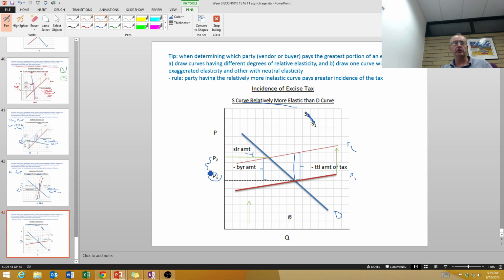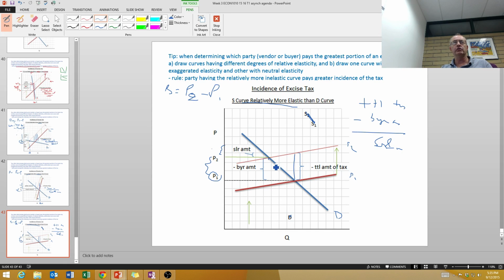Buyer pays this portion, because here's the difference: the buyer amount equals new equilibrium price minus the original equilibrium price, and the vendor amount is total tax minus buyer amount equals seller amount. And so we can see that the seller pays a relatively small amount.